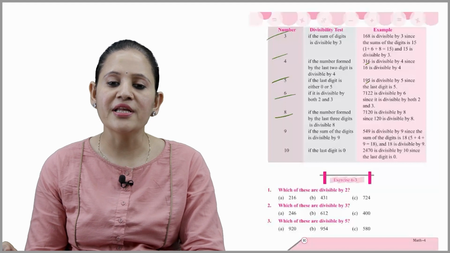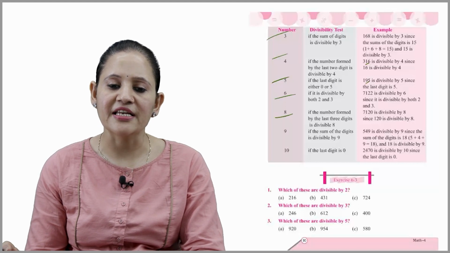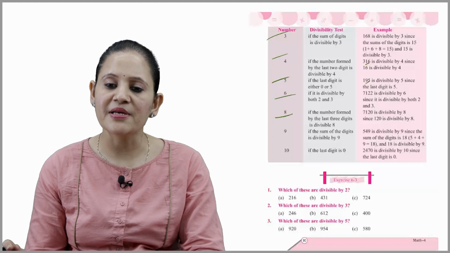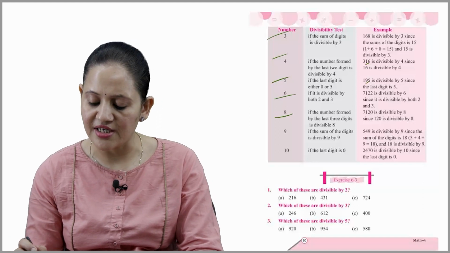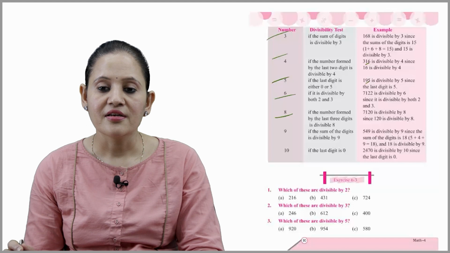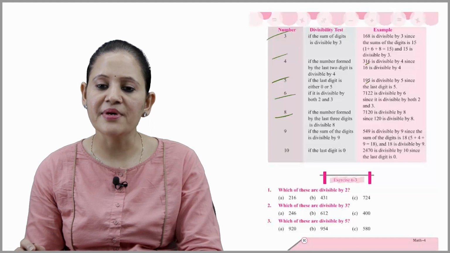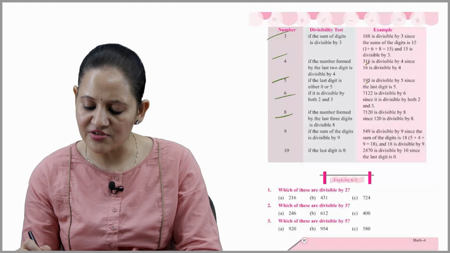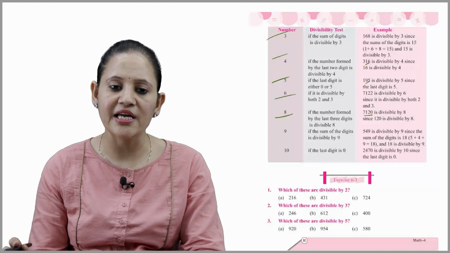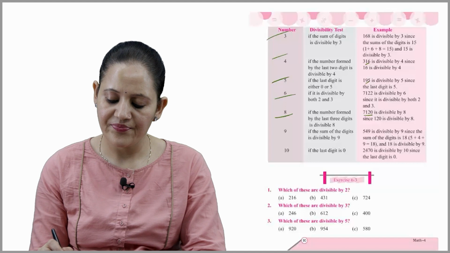If the number formed by the last 3 digits is divisible by 8, that is, if the last 3 digits, the ones, tens and hundreds places, are divisible by 8, that means the number is divisible by 8. Like 7120 is divisible by 8 because the last 3 digits are 120, that is divisible by 8.